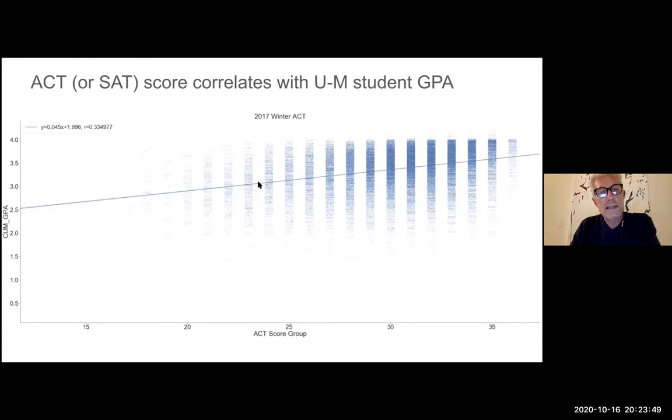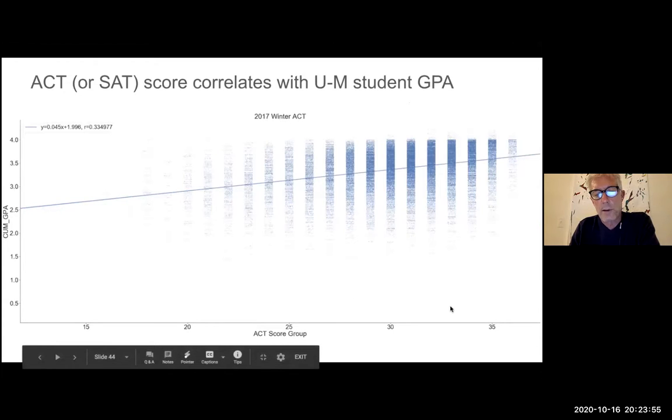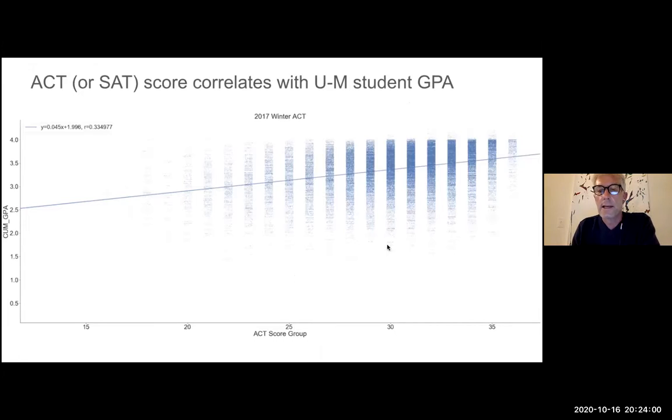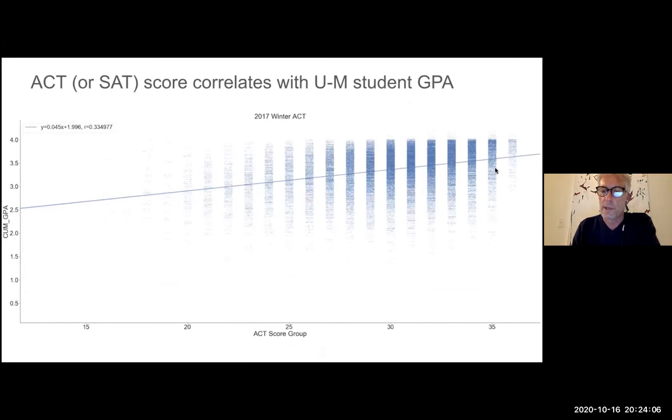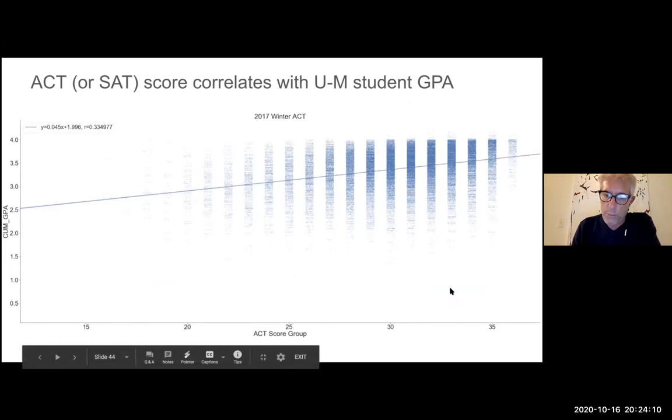What you can see is in any given semester, this is 2017, for example, that student GPA correlates with their ACT score, and if I showed you SAT, you'd see the similar thing. Every point on here is a student, and you can see that there's a regression line that basically says that if you're a good student, you get good grades. You test well.